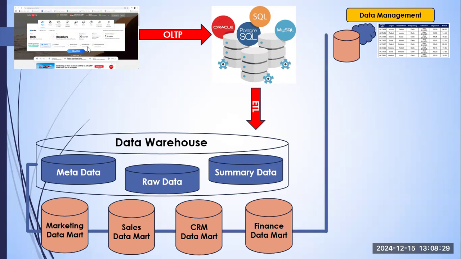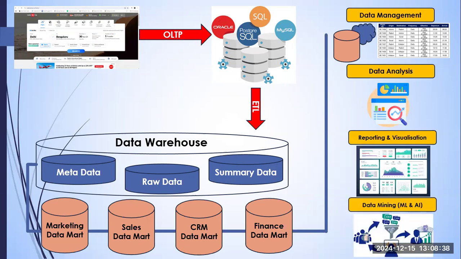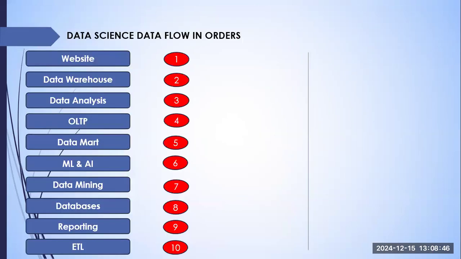Then data management, where you arrange and transform the data. Then data analysis, reporting and visualization, and data mining, ML and AI, machine learning and artificial intelligence. So this is the overall picture.